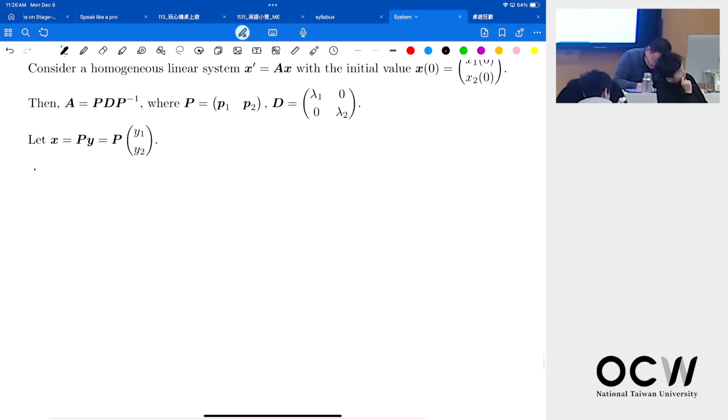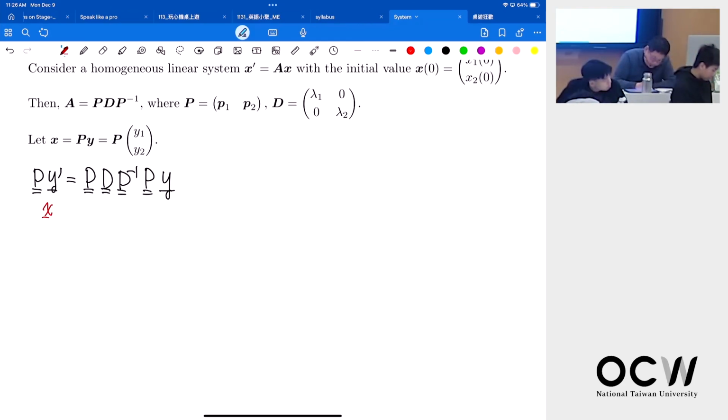P y prime equals P D P inverse times P y. Again, this is x prime equals Ax. We know y prime is the diagonal matrix times y.